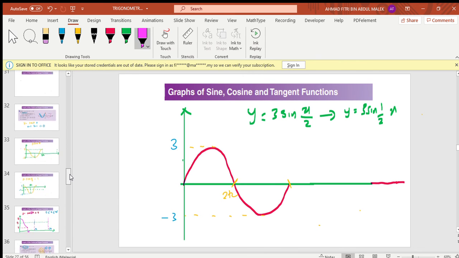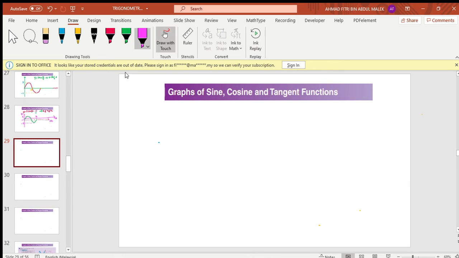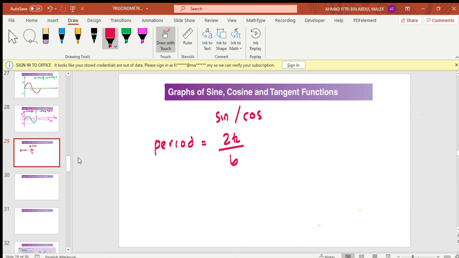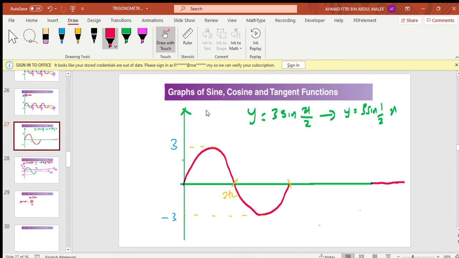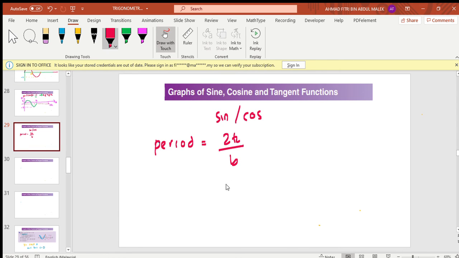Because of that, to find the period, I add a new thing, not a new thing because I already told you. To get the period for sine and cos graphs, it is 2 pi divided by b. What is b? The value b that you get here, that is 1 over 2 and so on. But for the tangent graph, how do we get the period? The period is different, it is pi over b.